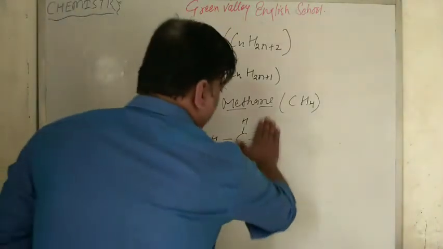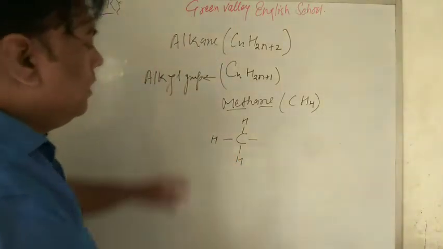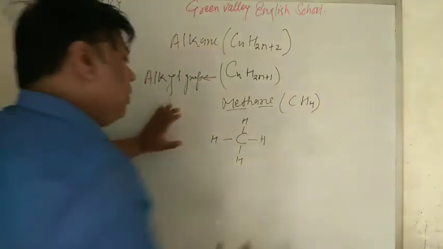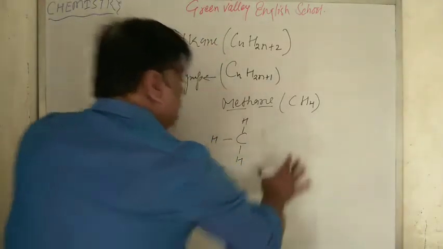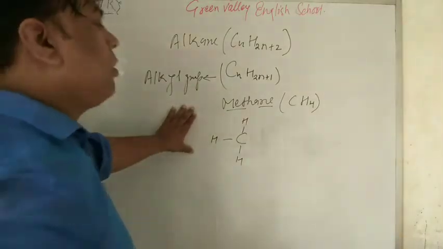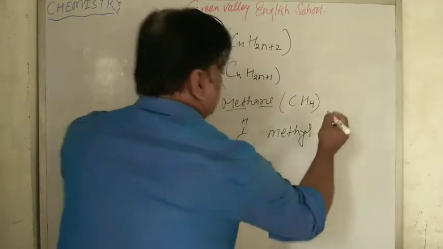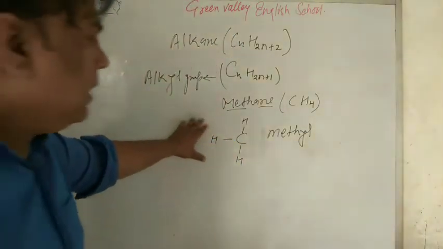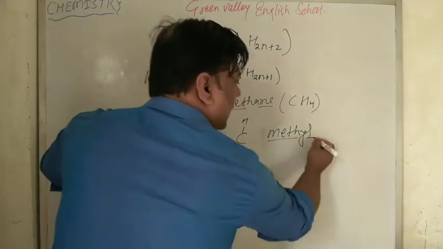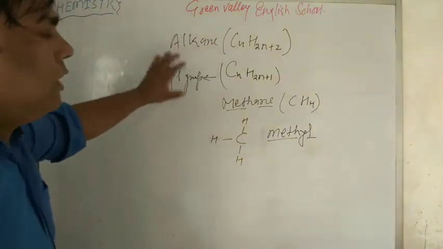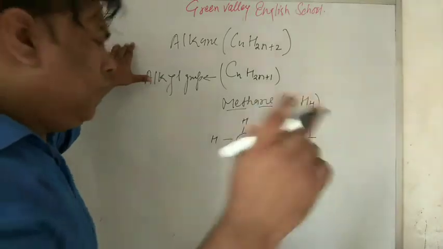So if I remove one hydrogen from this alkane named methane, after removal of that hydrogen, the name of that compound is called methyl. ANE is replaced by YL.